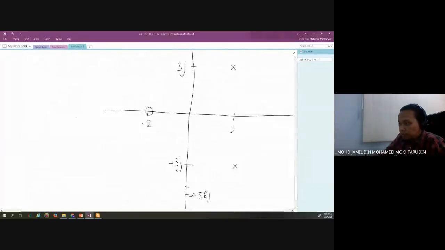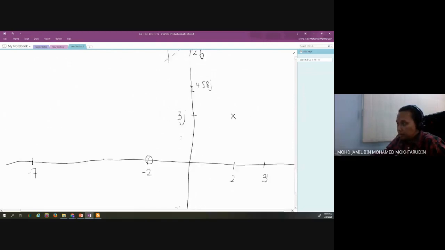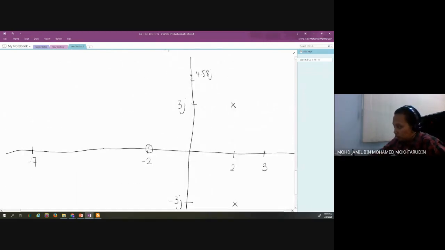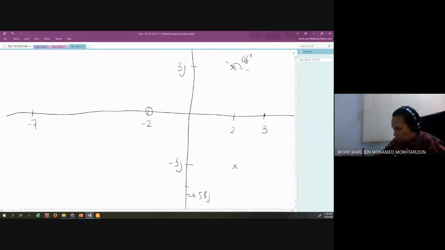So the breaking point is at minus 7. 3, 4, 5, 6, 7. So somewhere here. And plus 3. And then lastly, the angle of departure. So same for the bottom one.